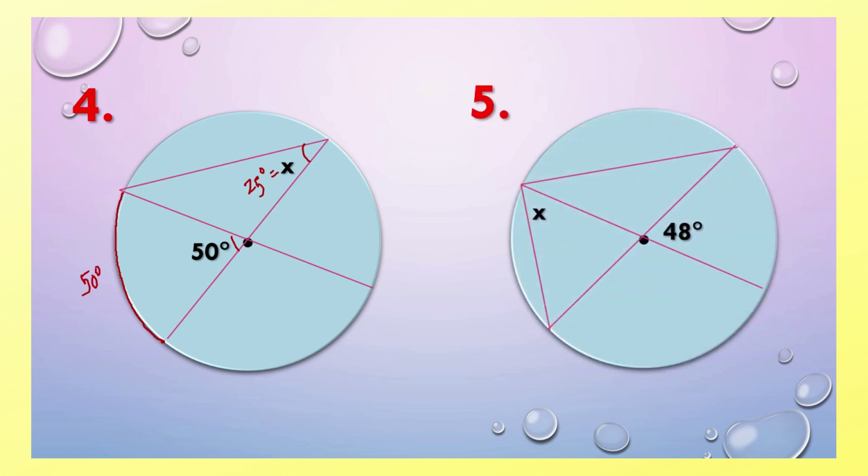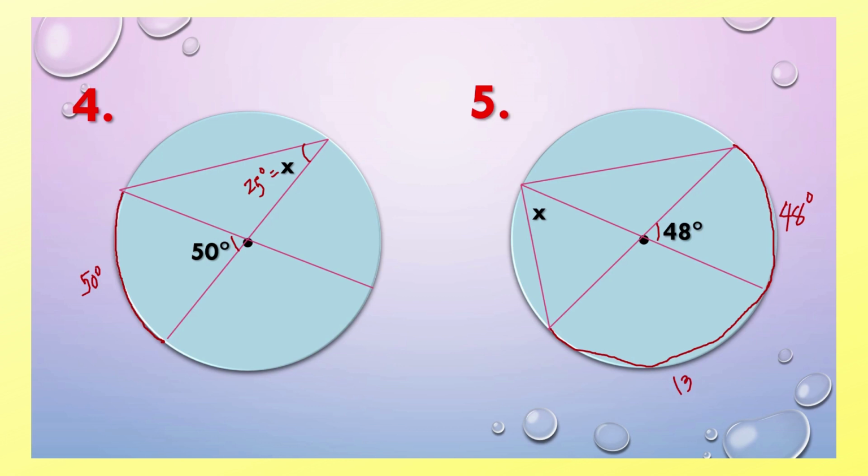Number 5. Okay, so 48 degrees ito. Ito ang ating central angle. So, therefore, yung kanyang intercepted arc ay 48 degrees also. Okay, so since ito ay isang semicircle, kapag pinag-connect natin to, naging semicircle na siya. So, 180 minus 48 is 132 degrees.